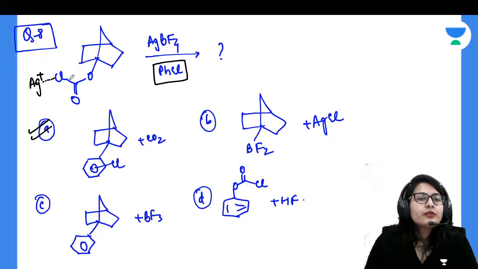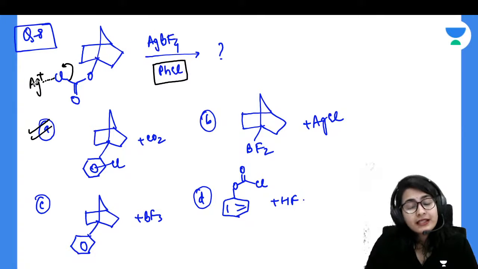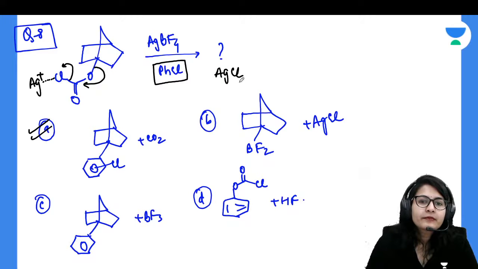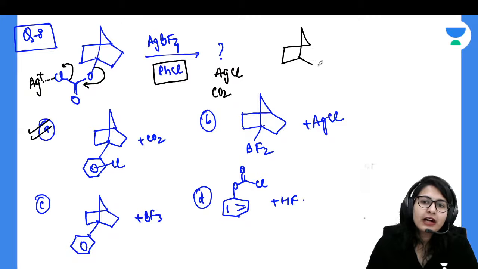Ag plus is going to remove the Cl over here. Yes. If the Cl minus is removed, guys, what do you have? So you will have AgCl. Yes. Along with that, you will have CO2 molecule. Along with that, you will have a carbocation on the bridgehead position.